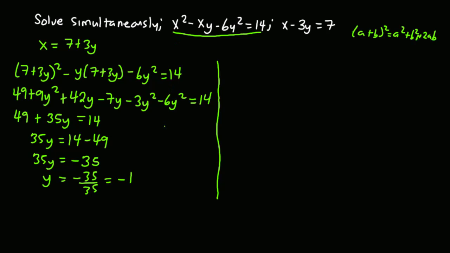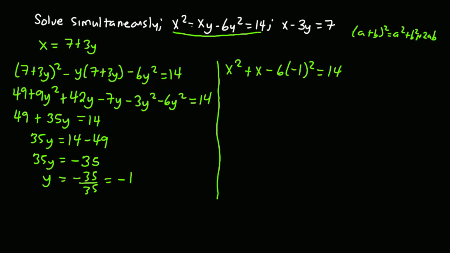So let me just go ahead and make a substitution. If I substitute, I'm just going to get x squared minus, that, which would be plus x. Then you have minus 6 into bracket negative 1 all squared is equal to 14.